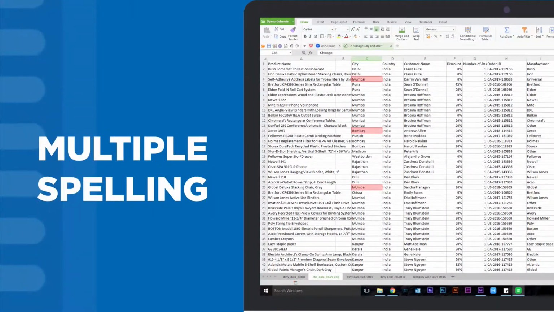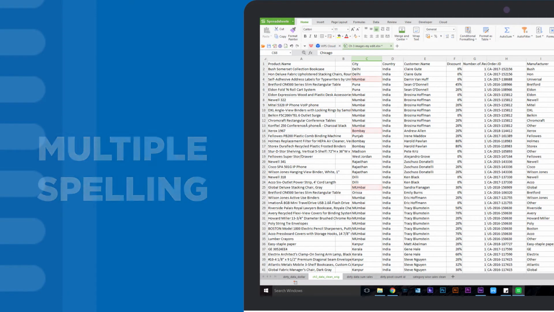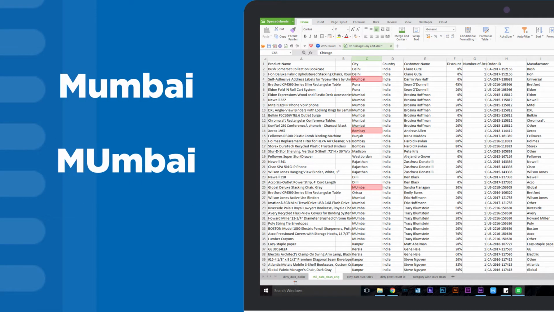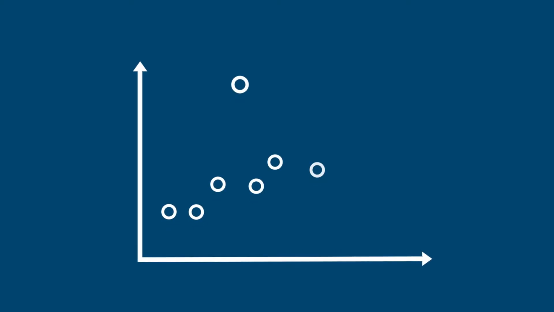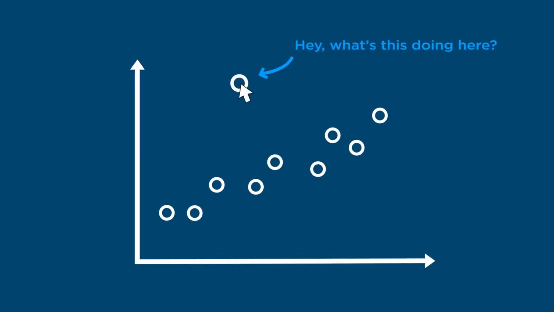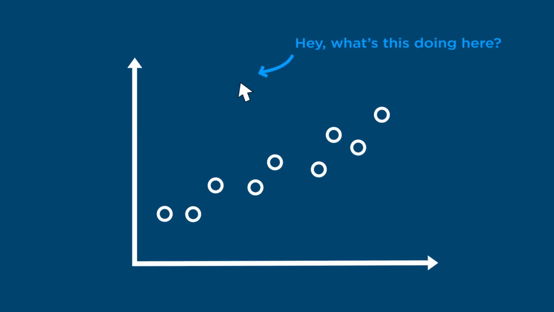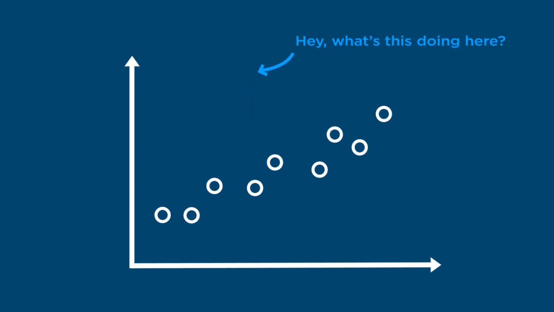Multiple spelling or use of different cases, like upper and lower, for the same name is another common problem. For example, the city name may be mentioned as Mumbai, or Bombay. Another problem is outliers or extreme values in measurement. This problem is taken care of by removing the observation from the data altogether.